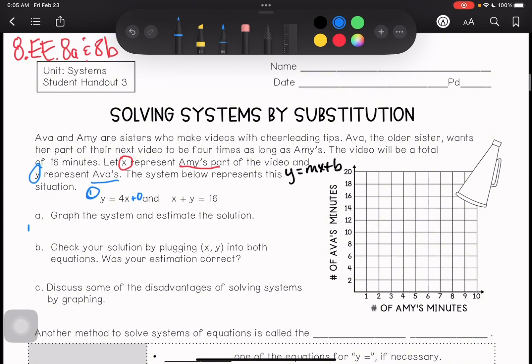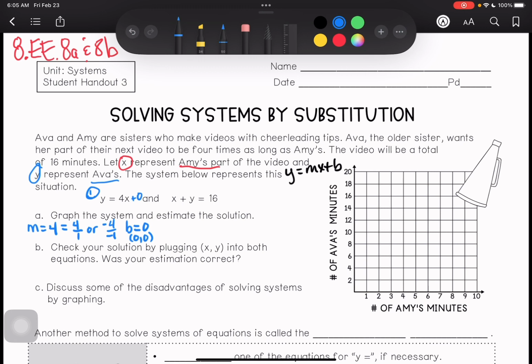So my slope in this case is 4. Another way to write 4 as a fraction is 4 divided by 1, or negative 4 divided by negative 1. My y-intercept is 0, which is the ordered pair (0, 0), the origin.